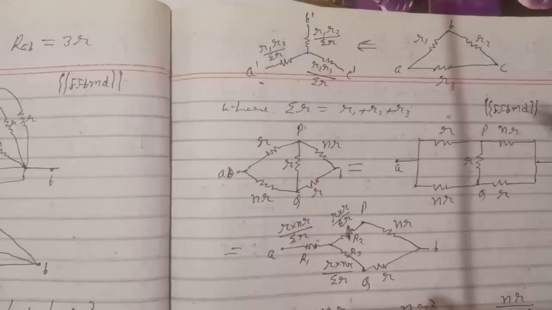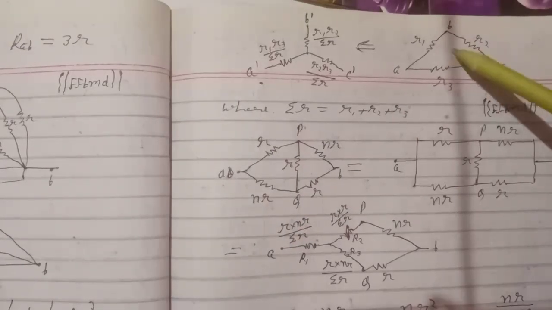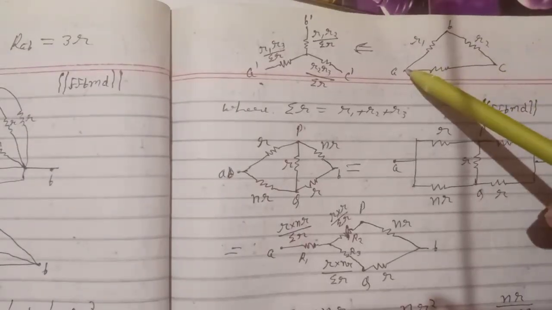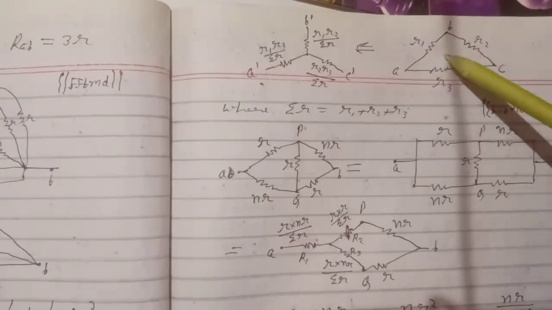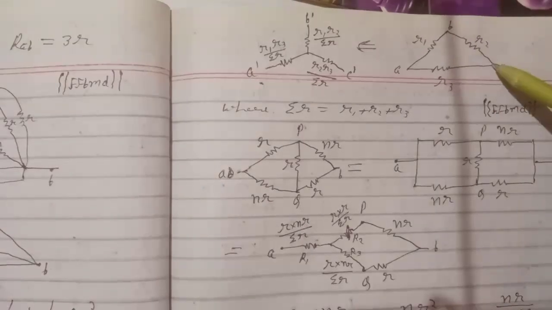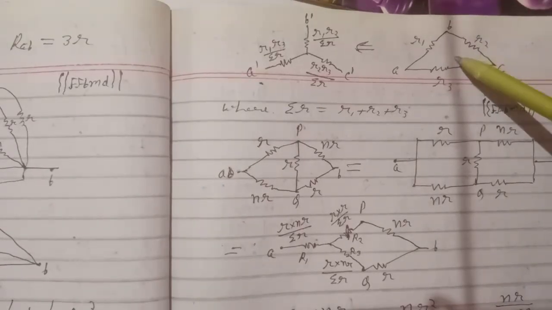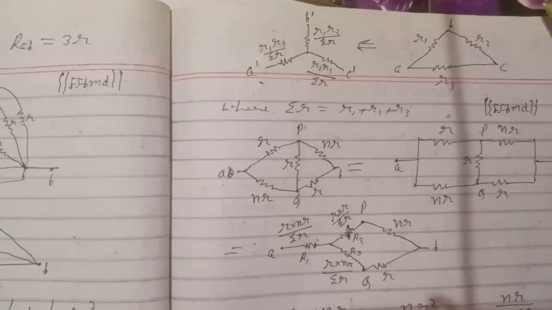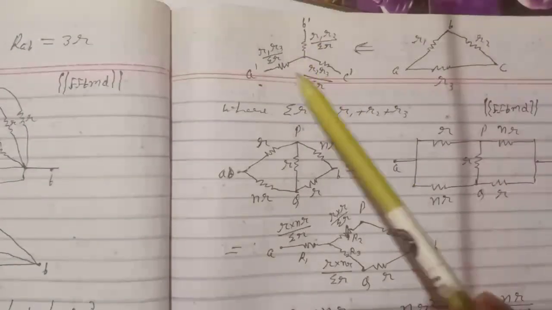That is, if we take a point here and connect it with this circuit, and again connect this point with a resistance like here, and again with this point a resistance in between like here, and remove these three resistances, then it will be transformed like this.